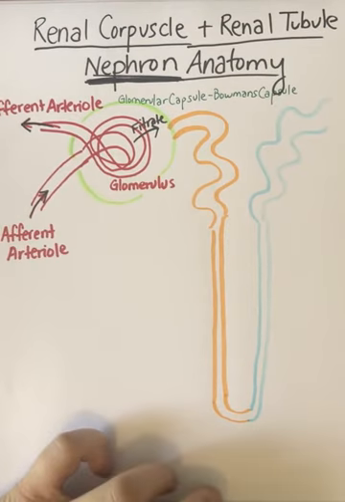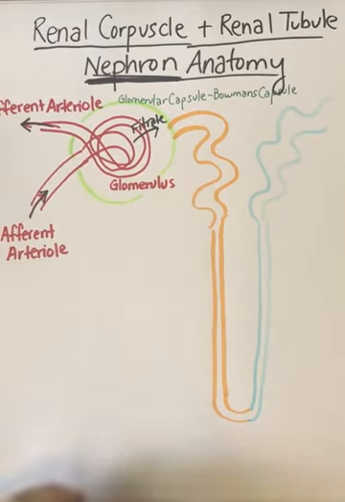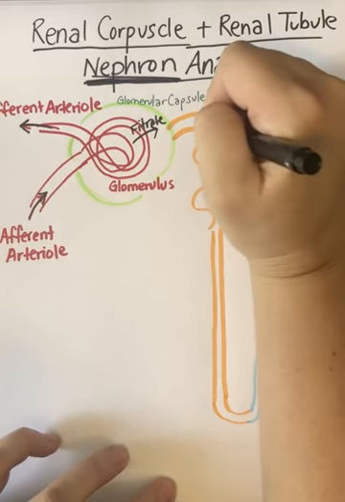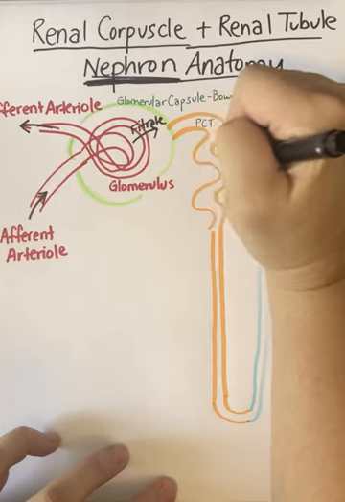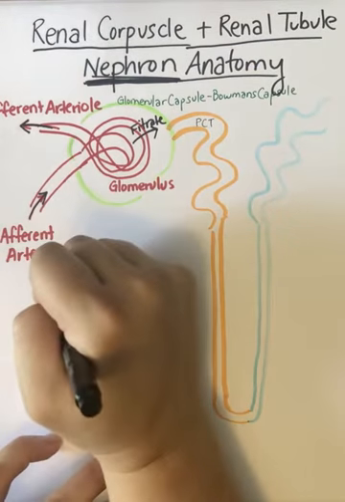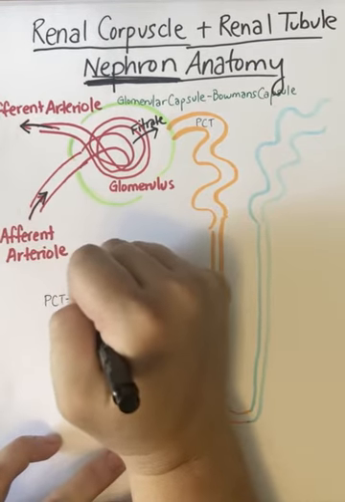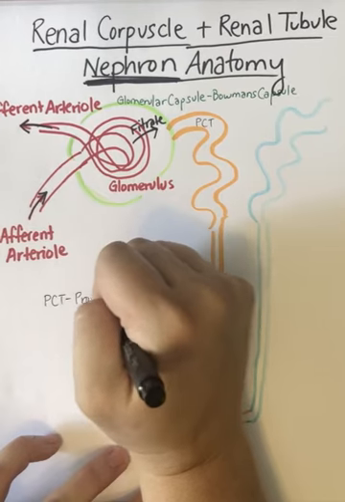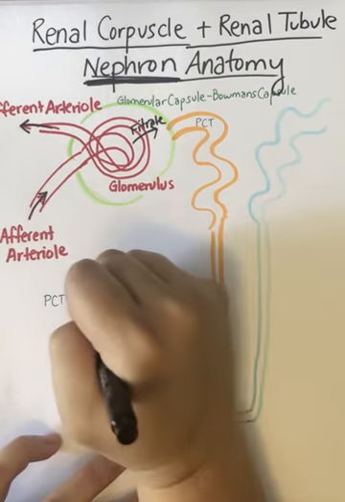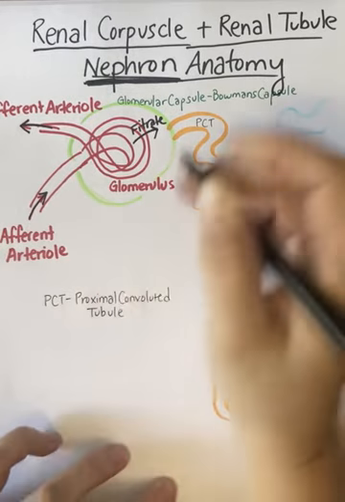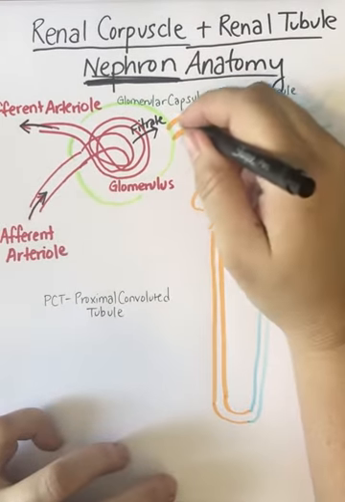Okay, this right here is your PCT, this twisted thing. PCT stands for proximal convoluted tubule. So your filtrate is going to go into your proximal convoluted tubule.